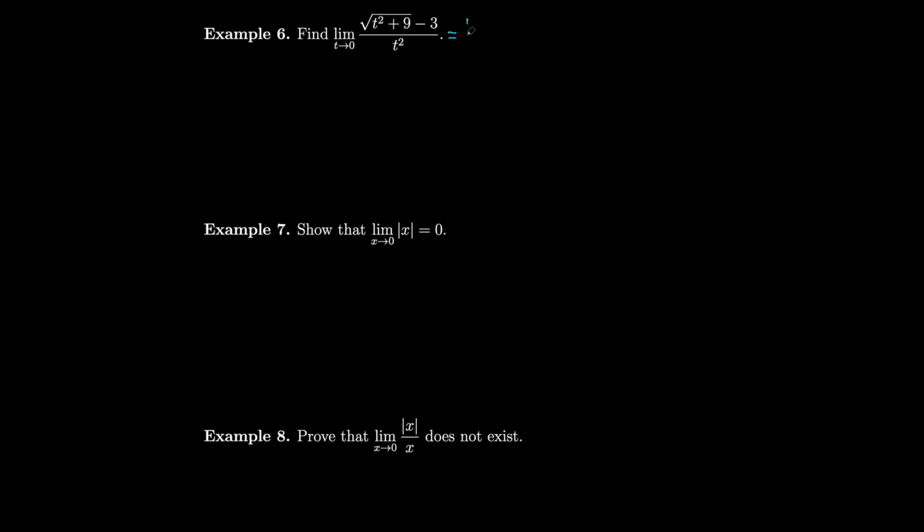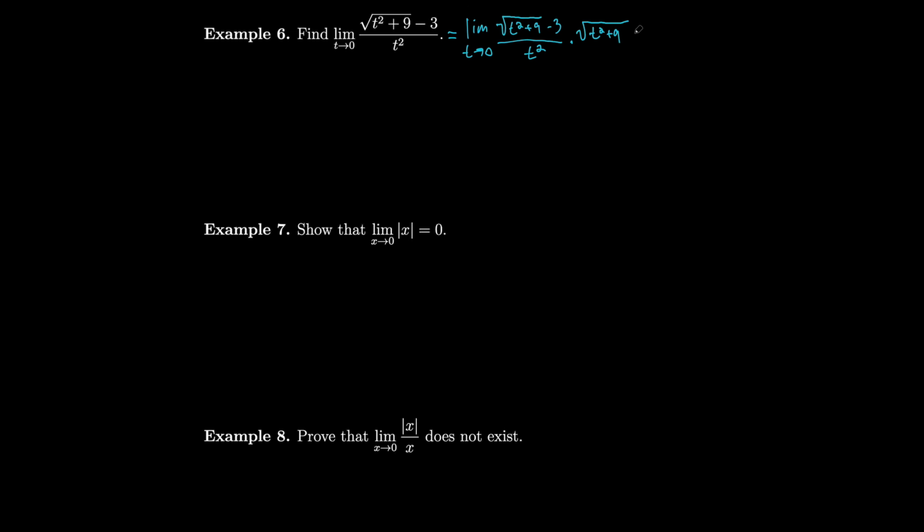I can't really factor out a t squared, but it looks like we have a radical in our numerator. And whenever you see a radical, it's always like a hint. You might want to try rationalizing it to see if that makes it better to deal with when it's in a fraction. So we rationalize the numerator.